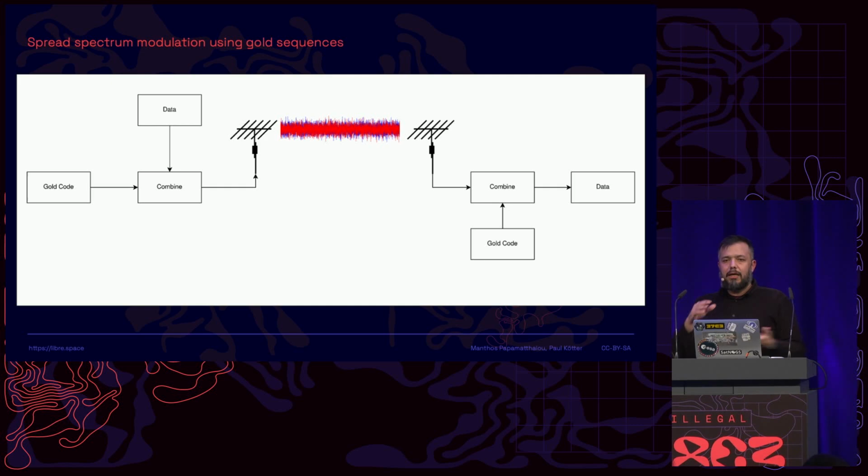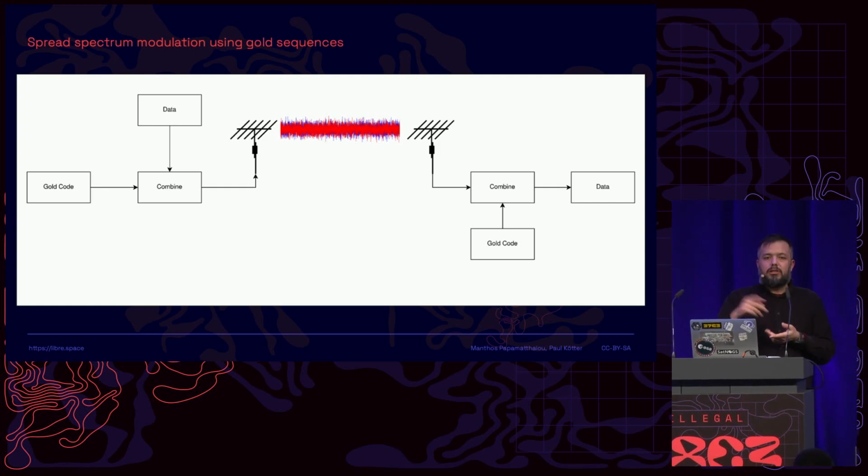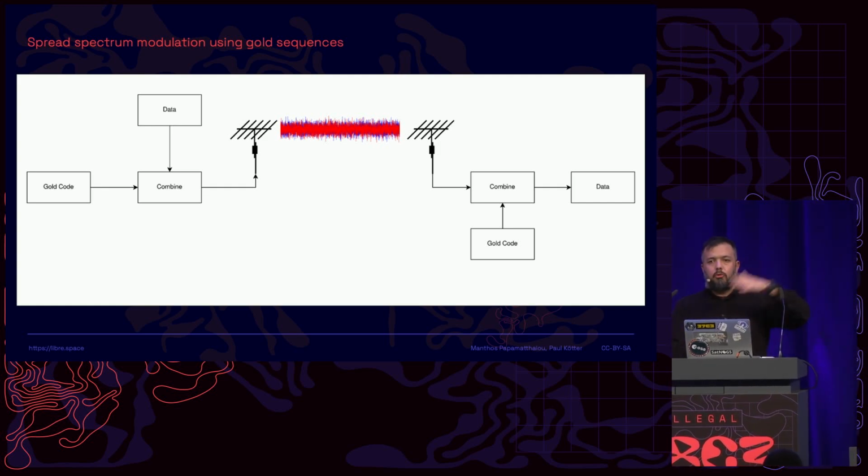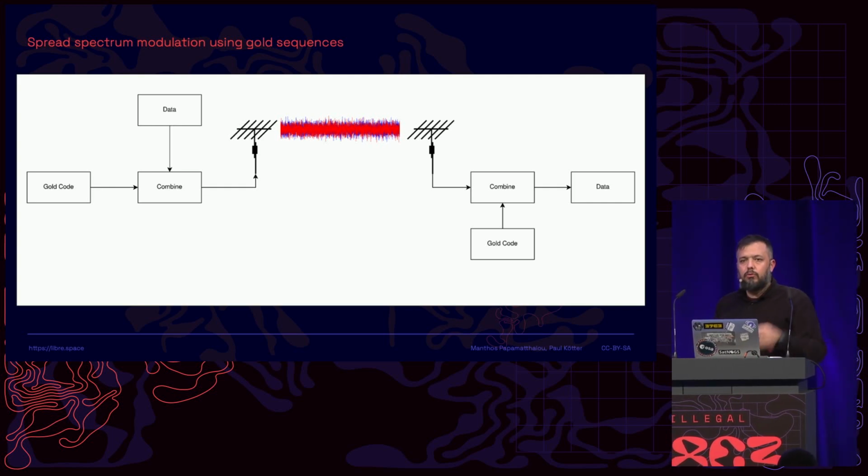You also combine them with a preset Gold code, a Gold sequence, and then you transmit them. The transmitted signal is below the noise level, so you cannot distinguish the signal from the noise. The only way to distinguish it is to compare it with this known Gold sequence, and when you compare it, you get back the data. This is a very efficient way to send very low power signals at very low data rates. So you trade off your data rate for SNR, signal-to-noise ratio.